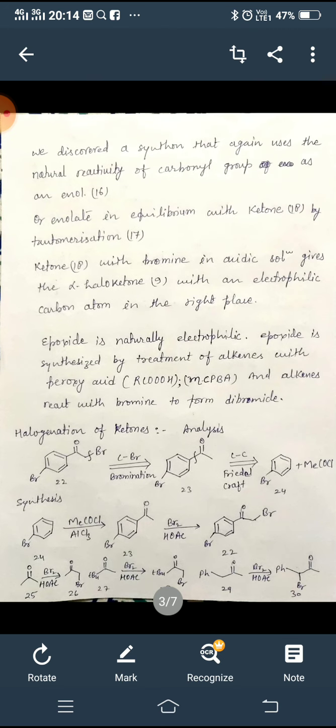I have mentioned again that I have already told about this phenomenon, and now we'll discuss the halogenation of ketones. What is the analysis of this target molecule number 22? There is a carbon-bromine bond, and the C-Br bond is disconnected.